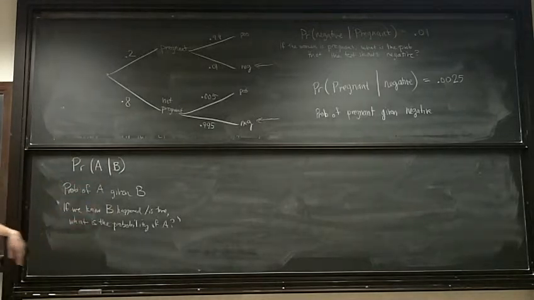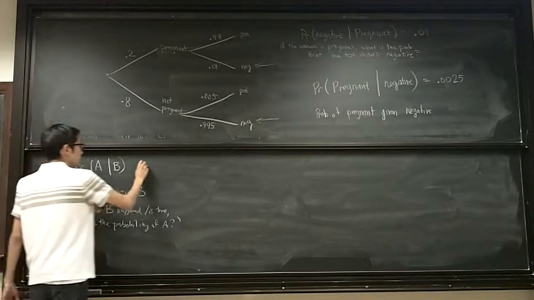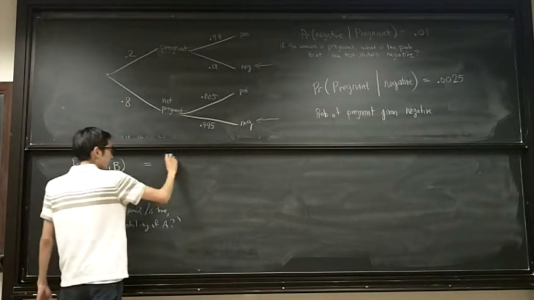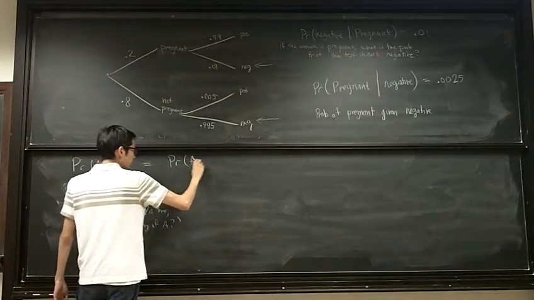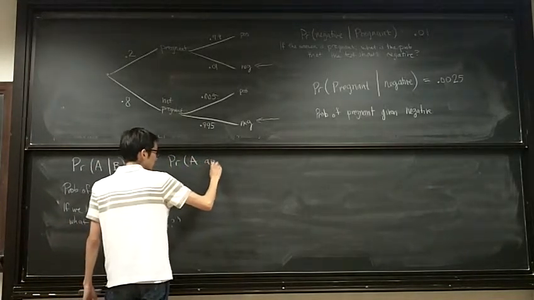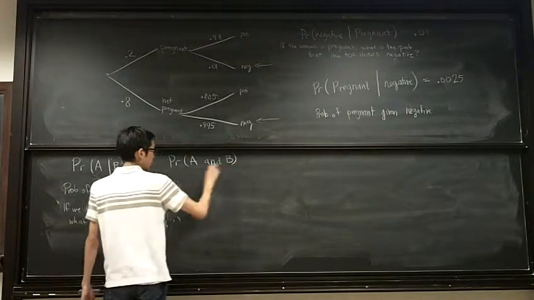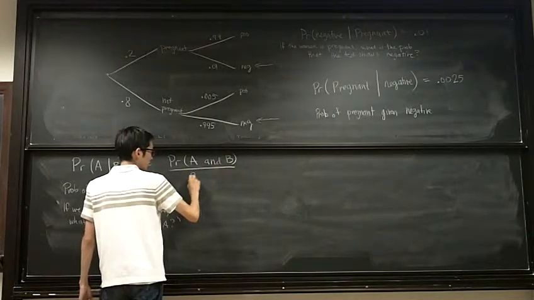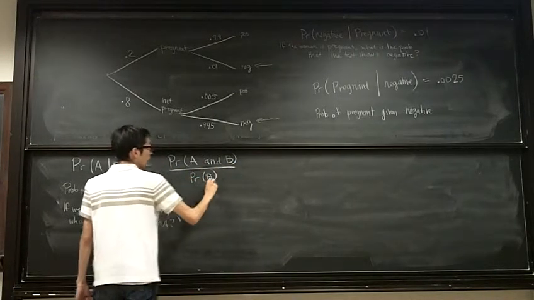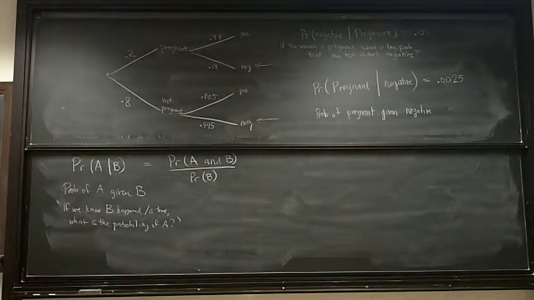That's what this is saying. The general form of this is the probability of A and B divided by the probability of B.